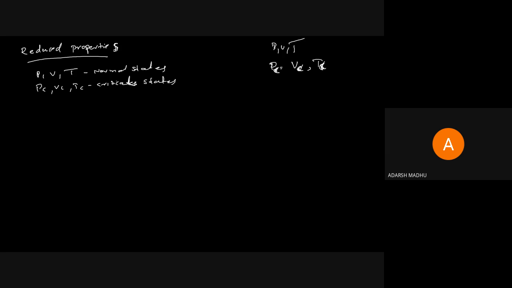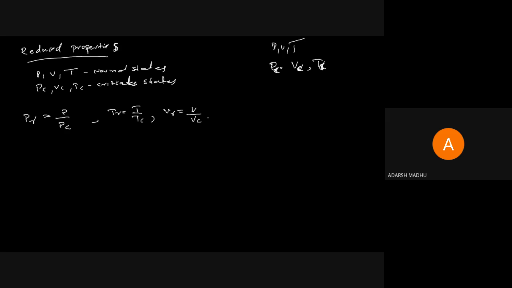A reduced property is the ratio of normal states to critical states. For pressure, PR, where suffix R means reduced, PR is P by PC. TR is T by TC, and VR is V by VC.